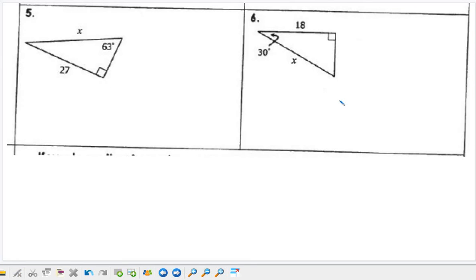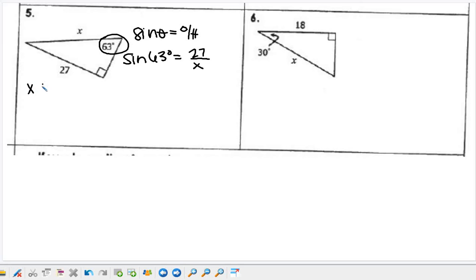Number 5. So here's my angle. Notice I have something across from the 90 degree, so this is definitely hypotenuse. So this is opposite over hypotenuse, which is sine. So sine theta is opposite over hypotenuse. So sine of 63 is equal to opposite 27 over hypotenuse. Again, we have that kind of two-step.